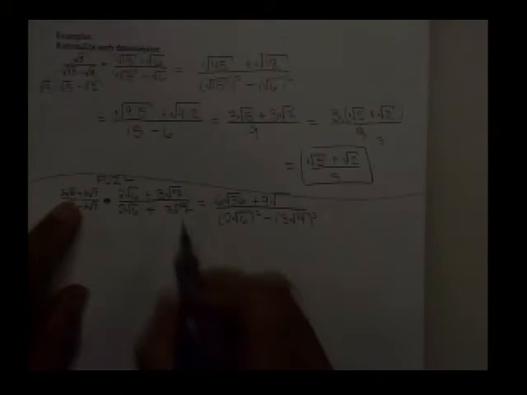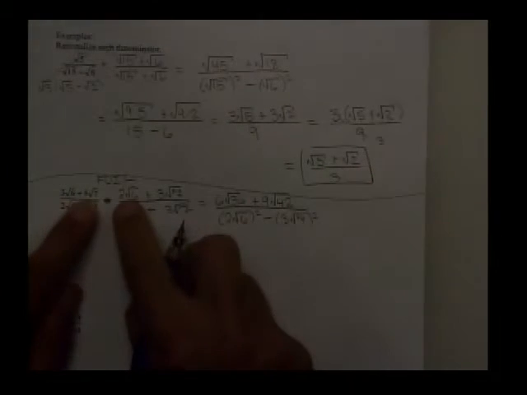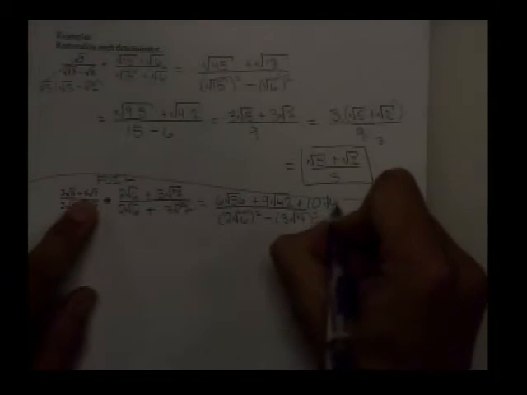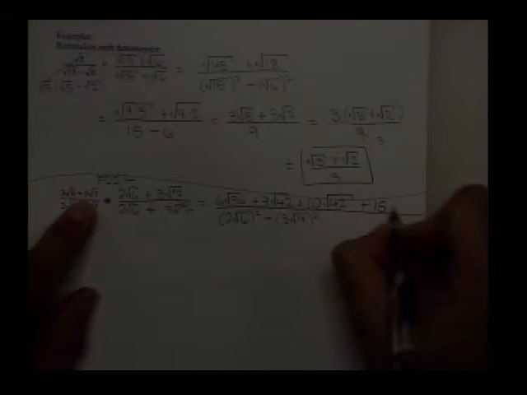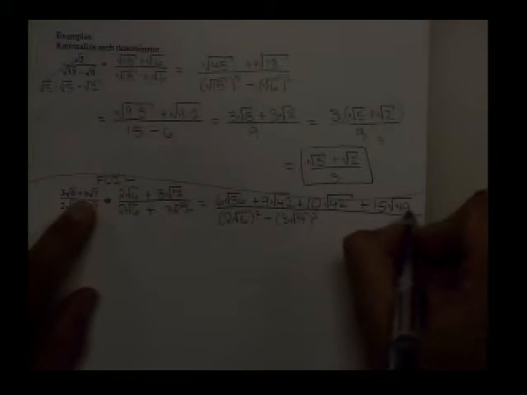Root what? 42. And then the insides, plus 5 times 2 is 10, and root 7 and 6 again, so root 42. And last terms. 5 times 3 is 15. Root what? 49. Okay.